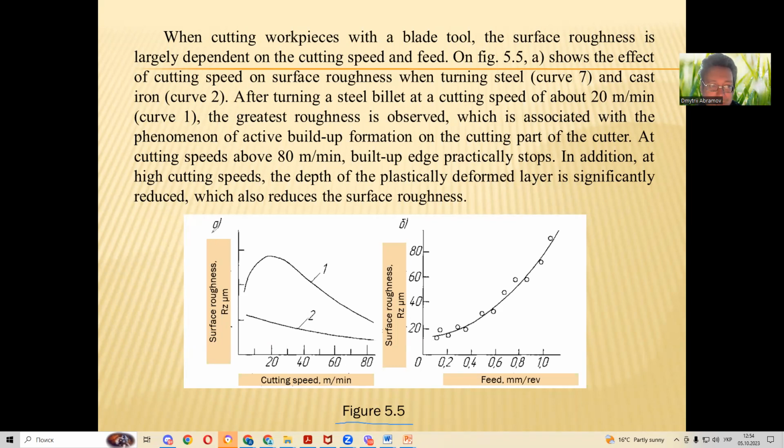A shows the effect of cutting speed on surface roughness in micrometers, cutting speed in meters per minute.